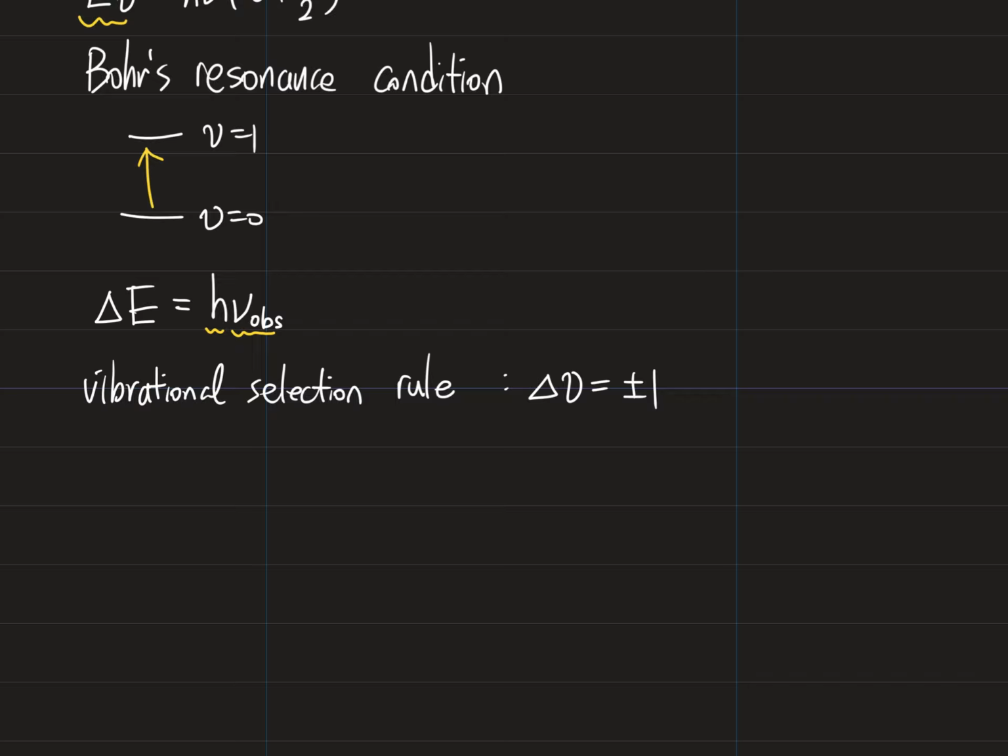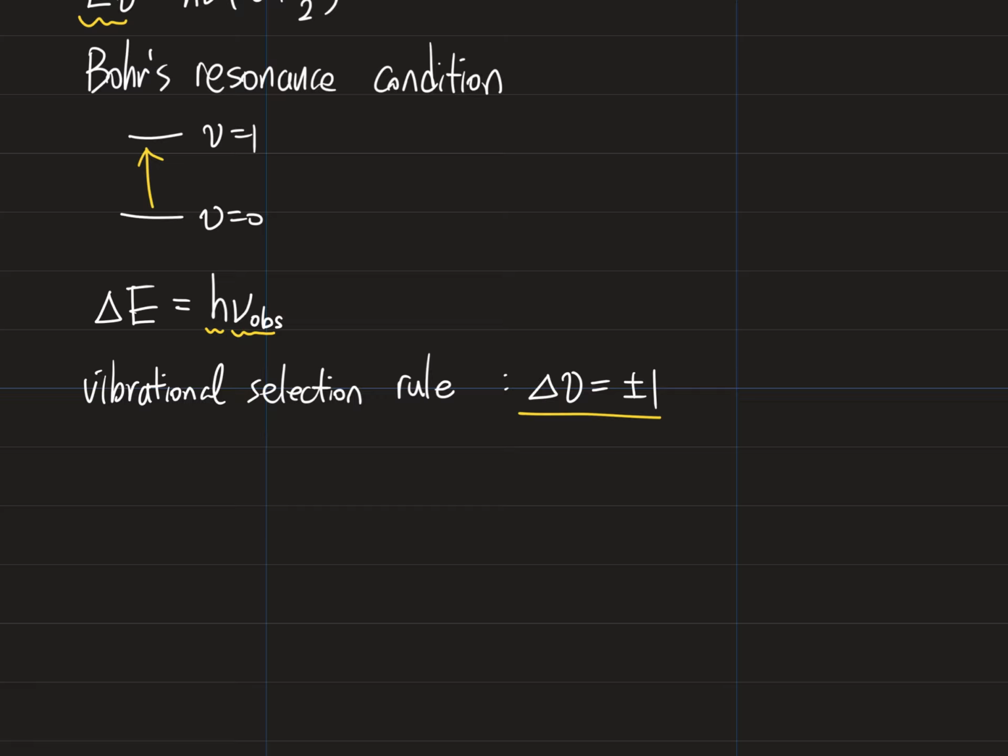Anyway, the vibrational selection rule is delta v equals plus or minus 1. That means the molecule can jump from one vibrational state to another only in the case where the difference between them is 1.